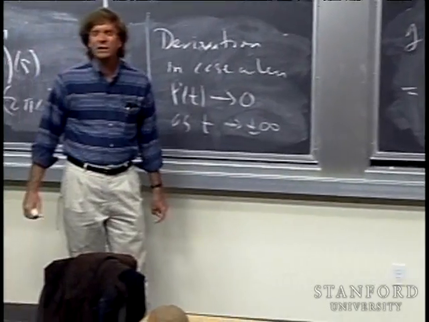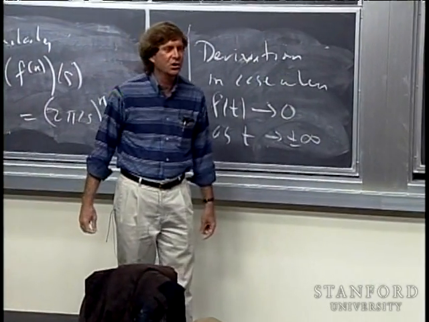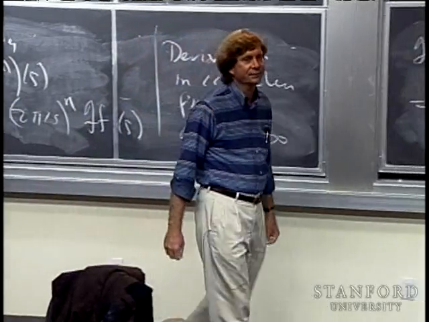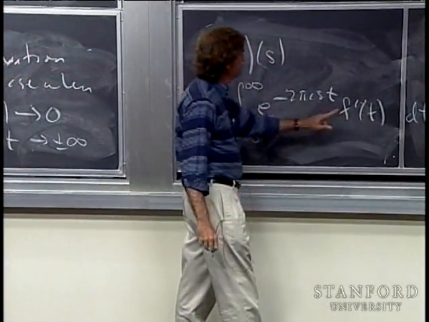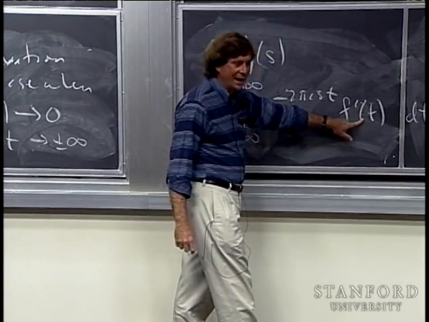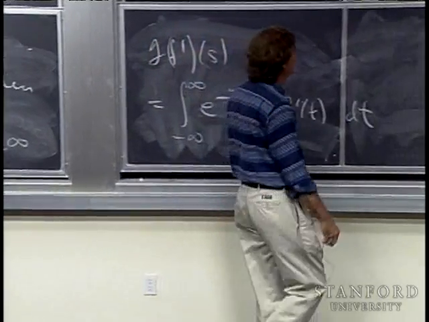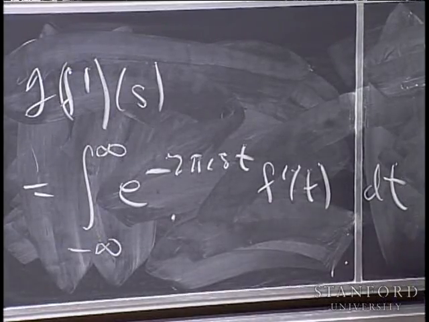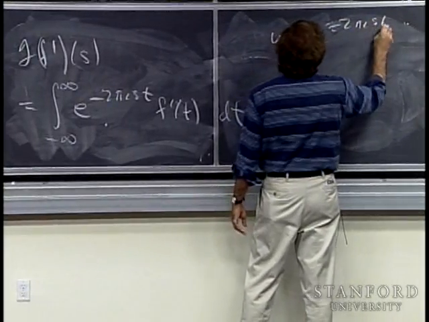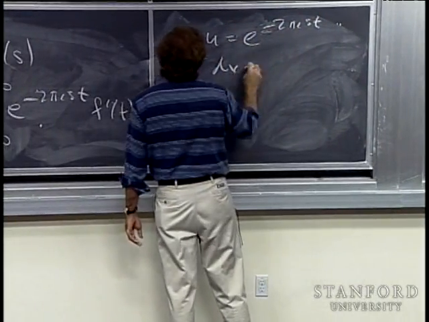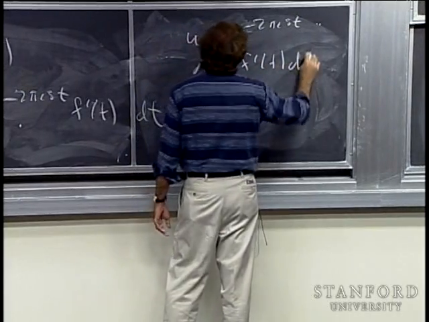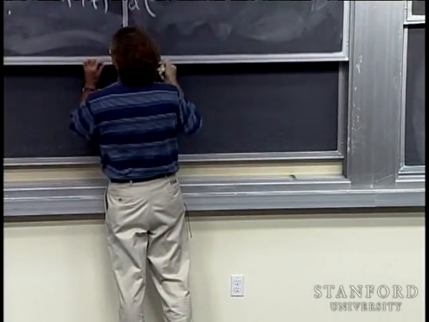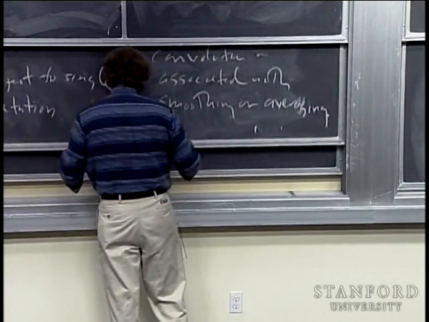Well, look at that integral, and geez Louise, if that doesn't call out for integration by parts, then nothing does. It's something times the derivative of something else, and for God's sake, integrate that by parts. So that is to say, if I let u equal e to the minus 2 pi i s t and dv equals f prime of t dt, then what happens if I integrate this by parts?